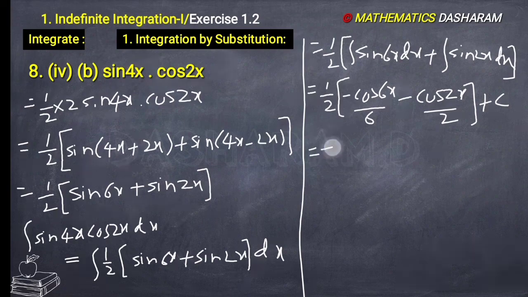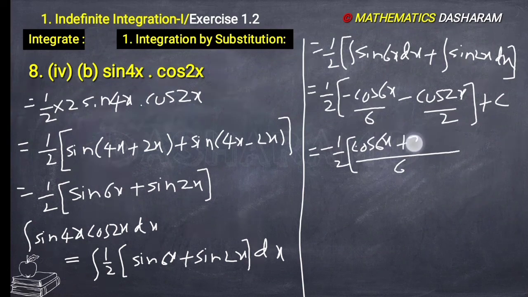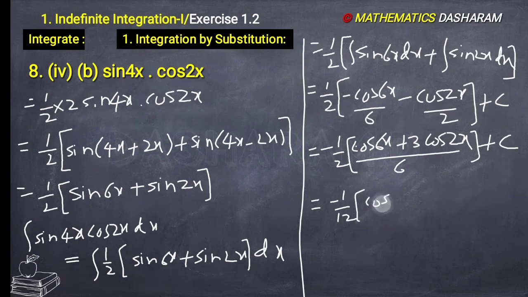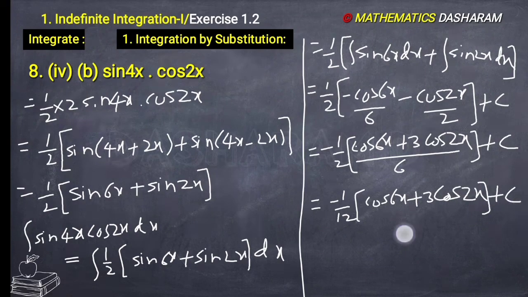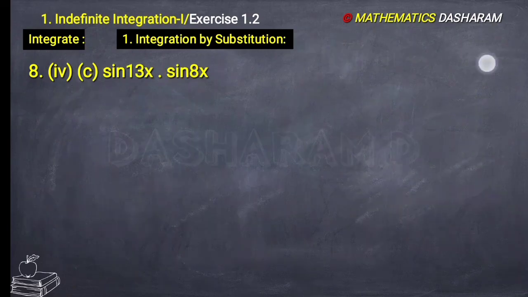So now take the minus common, and the LCM of 6 comma 2 is 6. Then here cos 6x plus 3 cos 2x plus c. So minus 1 by 2 into 6 is 12. So cos 6x plus 3 into cos 2x plus c is our required answer.